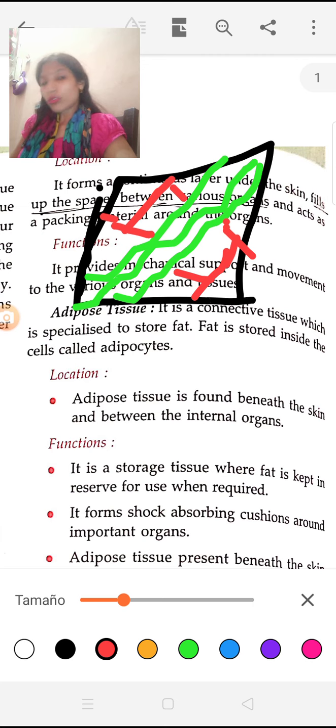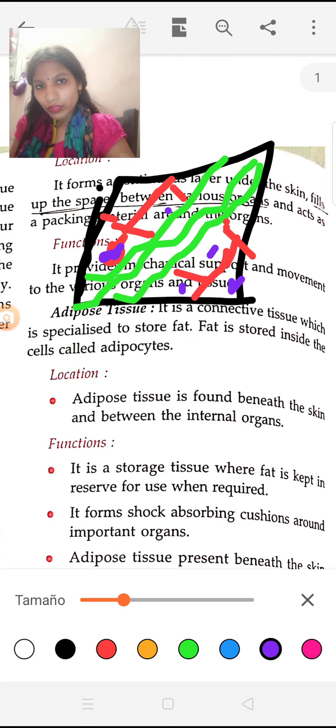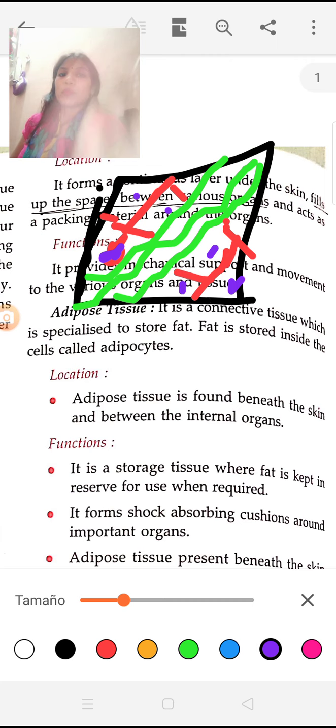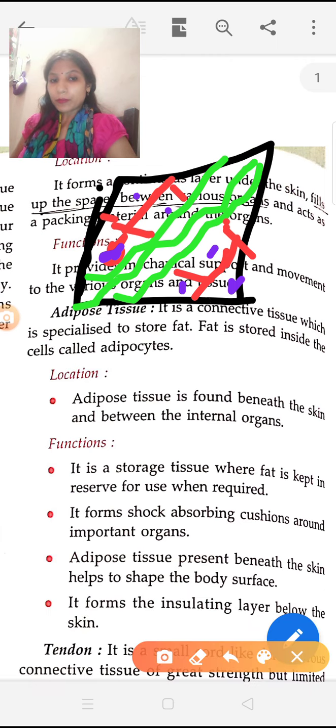If we talk about the cells of connective tissue, different types of cells are also present, like macrophages, fat cells, as well as the fibroblast cells. Now what are the fibroblast cells? What are these? Actually these are the cells which secrete both types of fibers, right?